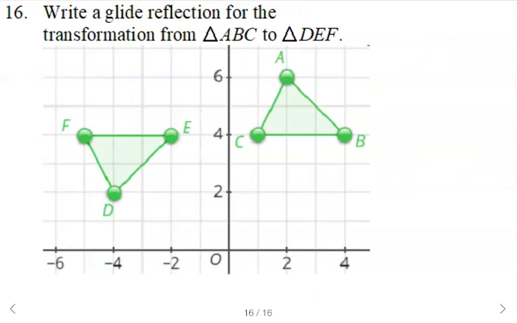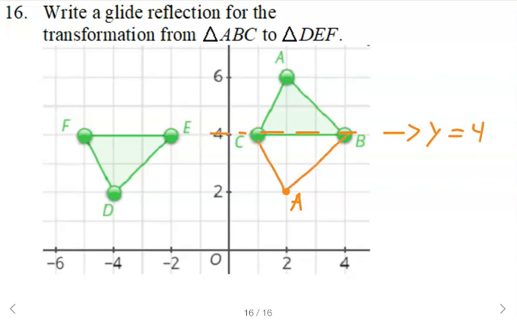All right, 15, glide reflection from ABC to triangle DEF. You're going to reflect it first. So let's see, if we just reflect point A across this line, y equals 4.